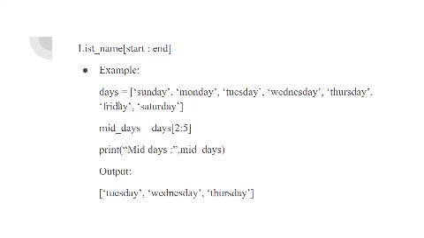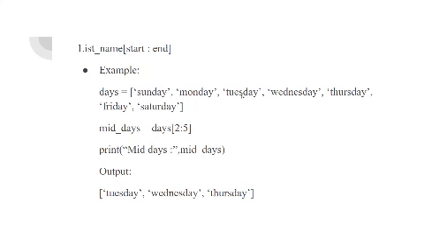Example, let's see. days = we have created a list containing the names of the week: Sunday, Monday, Tuesday, Wednesday, Thursday, Friday, Saturday. Then midDays, we have created another variable, is equal to days[2:5].